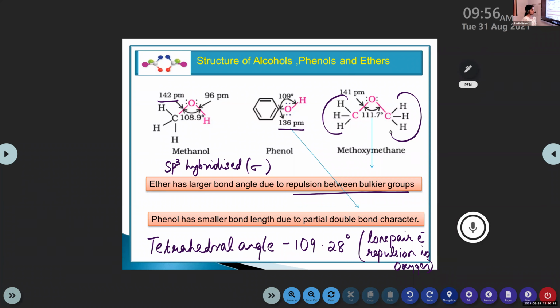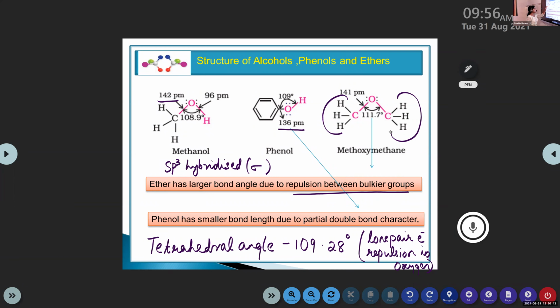That's about the structure of the 3 functional groups, alcohols, phenols and ethers. In the first case, I will repeat it once again. In the case of methanol, you have to concentrate only on 2 points. Both the carbon and oxygen are sp3 hybridized because only a single bond is there. So a sigma bond is formed between carbon and oxygen.